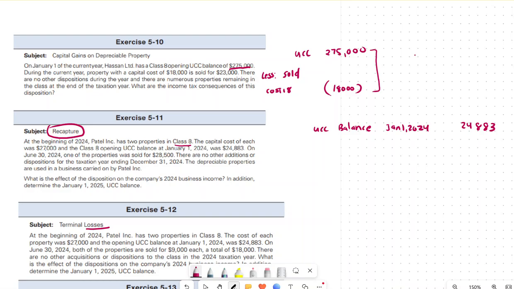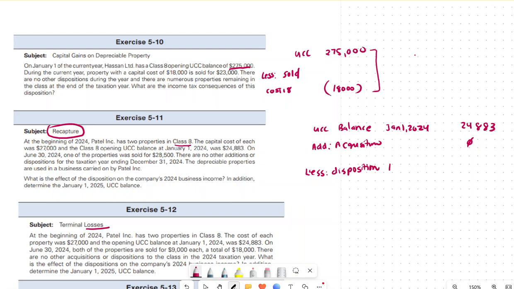Now, if we purchase, we have to add, and we call it acquisitions. In this case we don't have any acquisitions, it's zero, but then we have a less, which is what we dispose of. Disposition is what we sold.